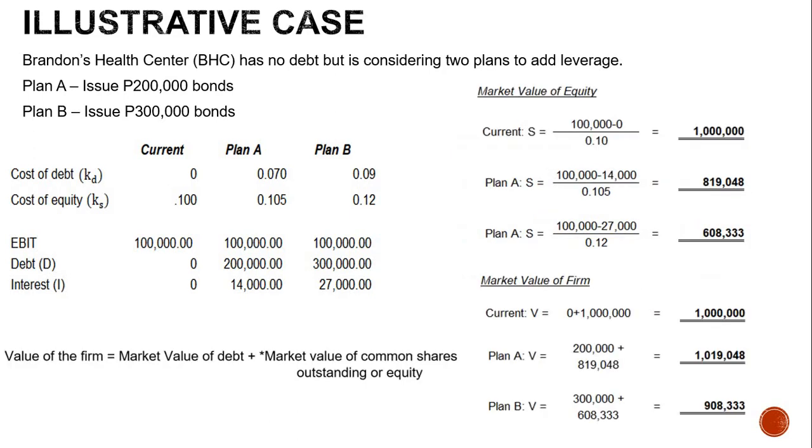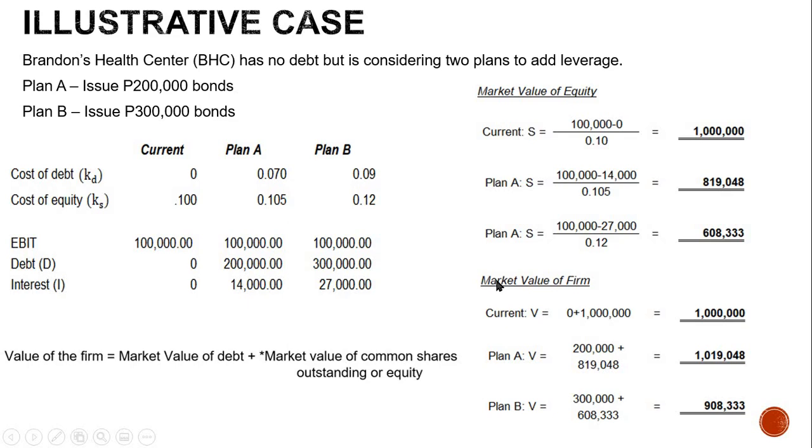After that, we compute the market value of the firm. We choose among the three alternatives, current, plan A and plan B, the one with the highest market value of the firm, and the BHC, or Bandon Health Center, should go for that plan.